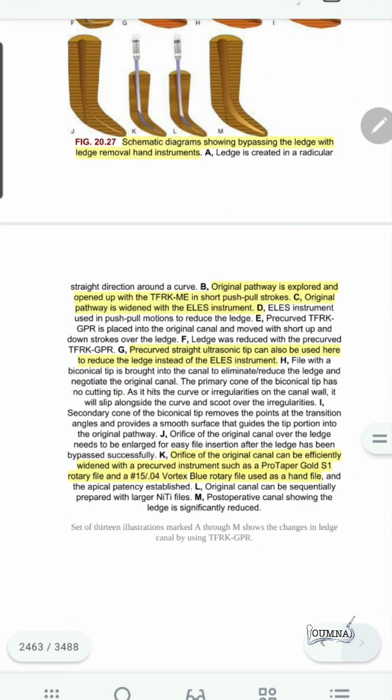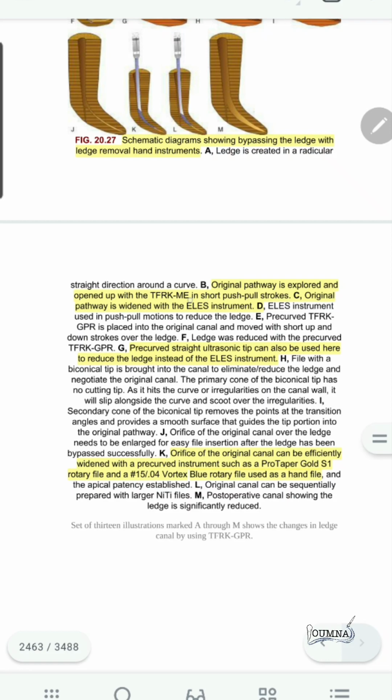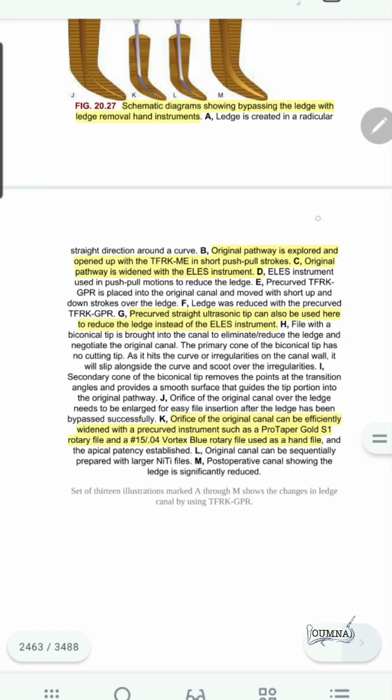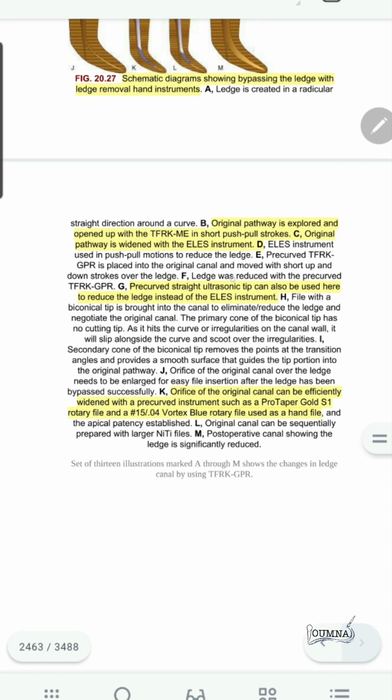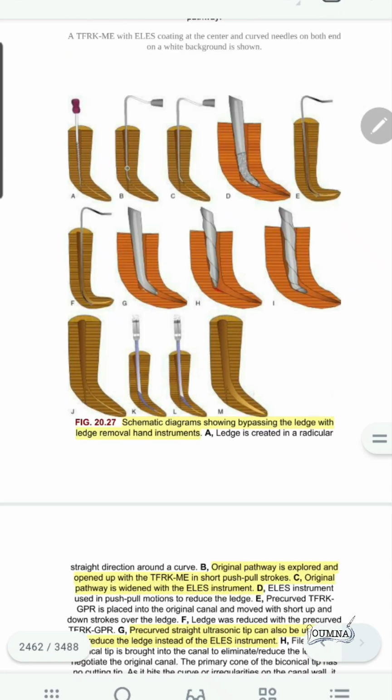We insert them in short push and pull strokes to widen the area and to reduce the ledge curve. Here we are getting this explorer and inserting it in up and down motions. This aids to confirm the ledge formation, and we take a radiograph.